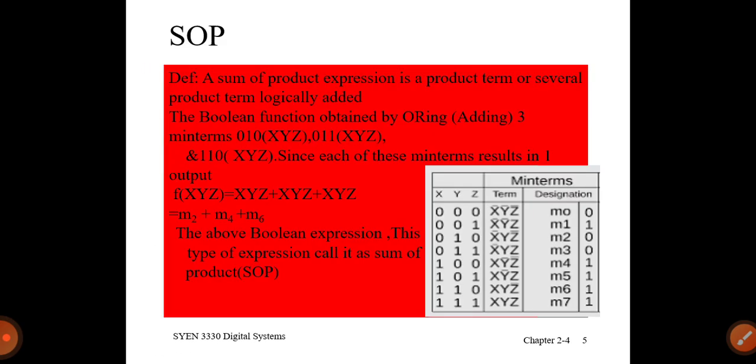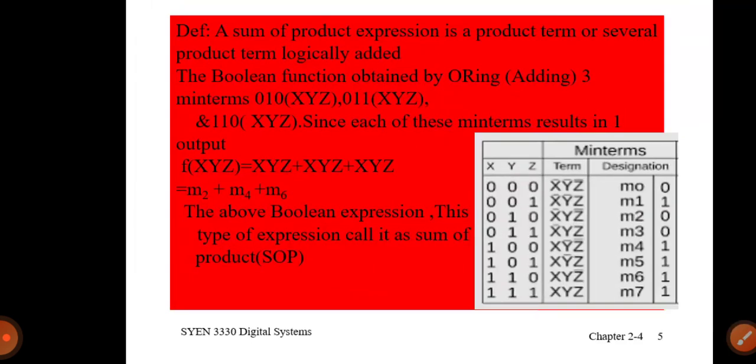Yes. The definition of the SOP can be written. The sum of products expression is a sum of several product terms.